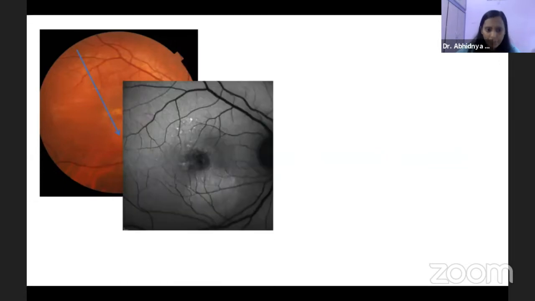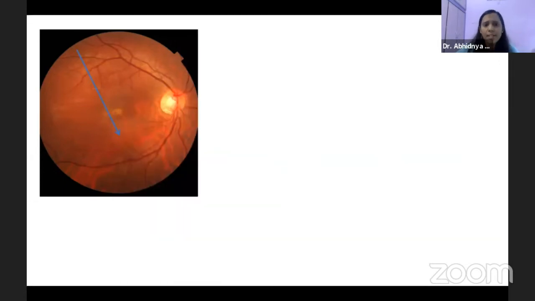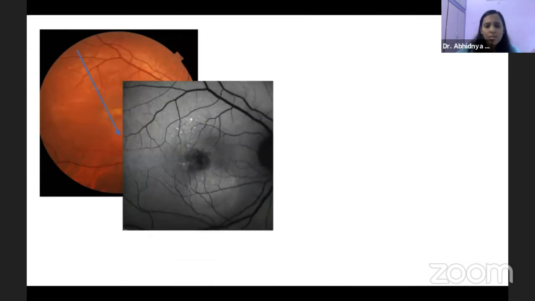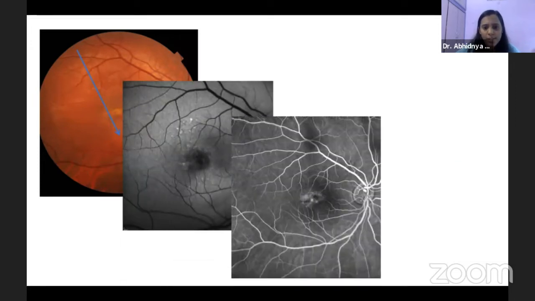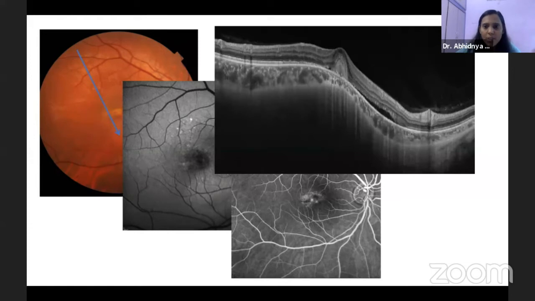Now, this was a case who had presented with tilted disc syndrome and showed variable autofluorescence. When FA was done, we saw that there was a pinpoint leak present. Now, this patient had also received 2 anti-VEGF injections from outside and was earlier diagnosed as CNVM because the OCT showed subretinal fibrin with subretinal fluid in the surrounding areas.